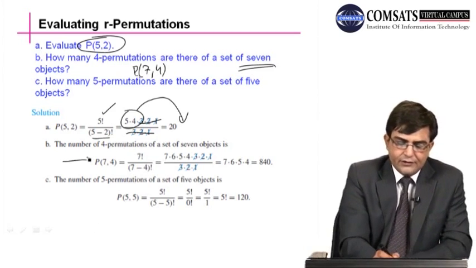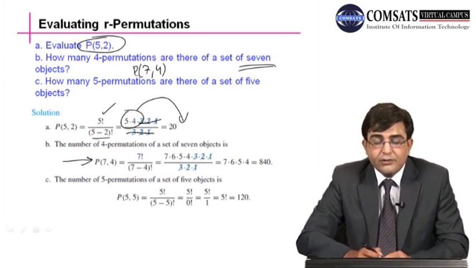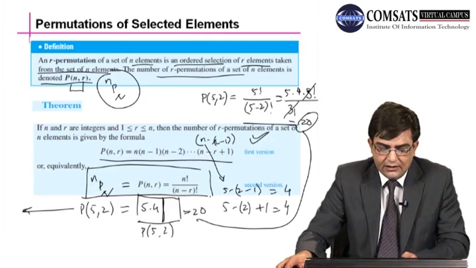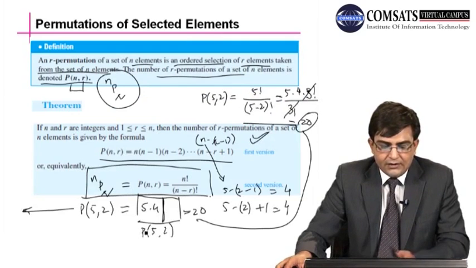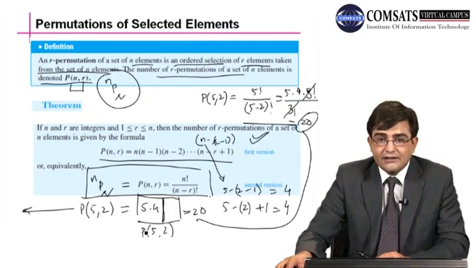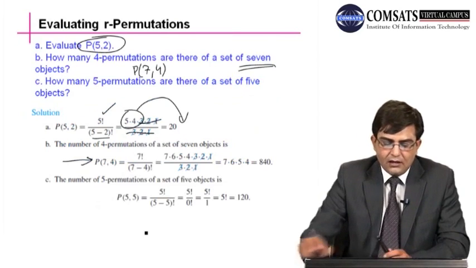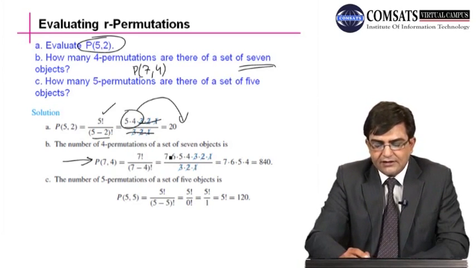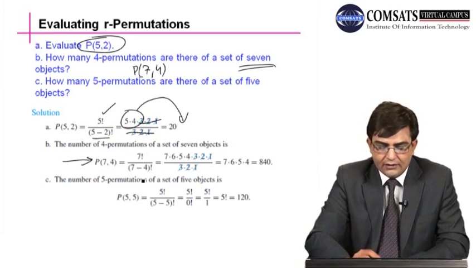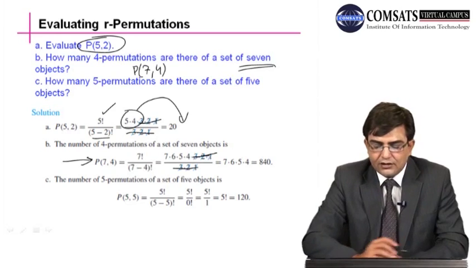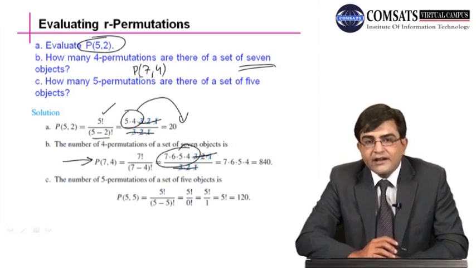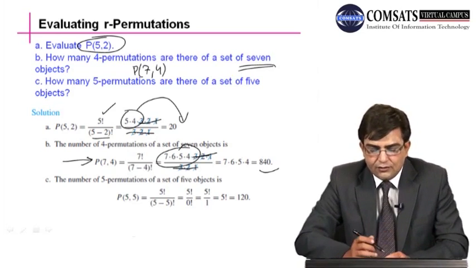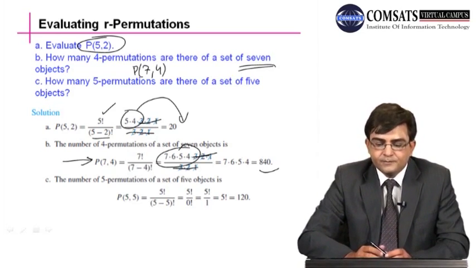This can be calculated using both versions of the r permutations formula, which is given in the definition of permutations of selected elements. 7 factorial opens up from 7 6 5 4 3 up to 1, and 7 minus 4 is 3 factorial. So the 3 factorial cancels out, and multiplying these 4 integers we get 840. So 840 permutations are there of a set of 7 objects.